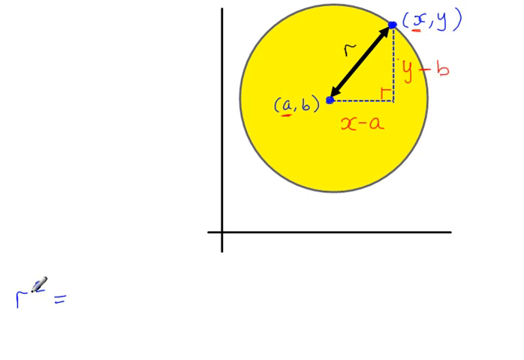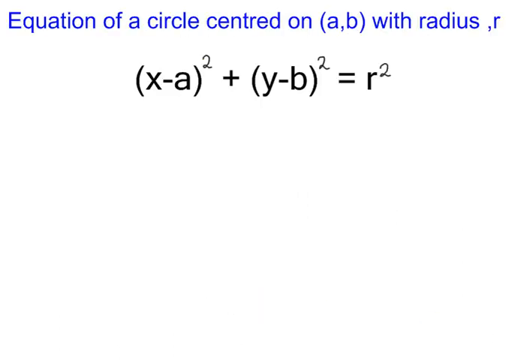So the radius squared, so this side, the longest side squared, is equal to the sum of the squares of the two shorter sides, so that's equal to x minus a squared plus y minus b squared. So the equation of a circle that's centered on the point with coordinates a, b with radius r is this.